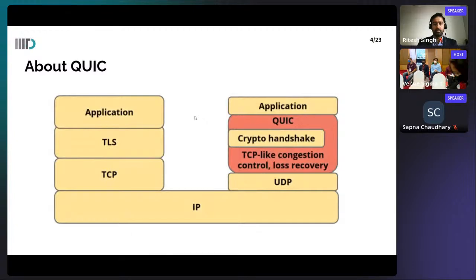First, there is a faster connection establishment when the server is known beforehand, even within 0 RTT. Also, it has better congestion control, improved privacy, and flow control. Not only this, QUIC solves the head-of-line problem by allowing multiple HTTP streams to share a single connection.